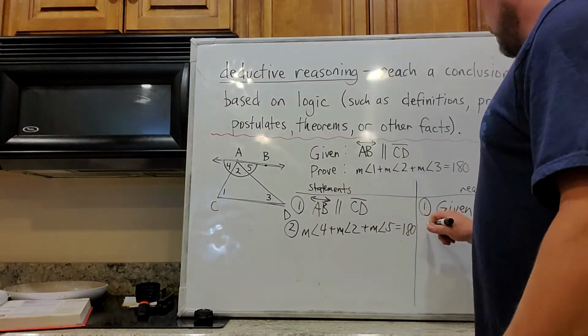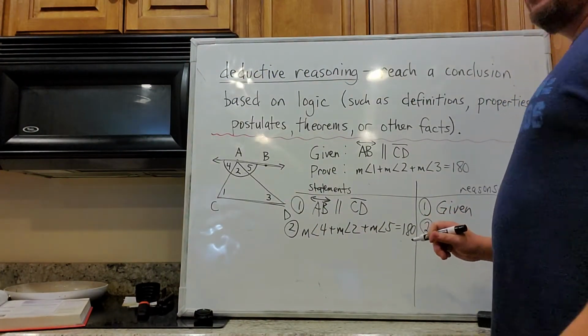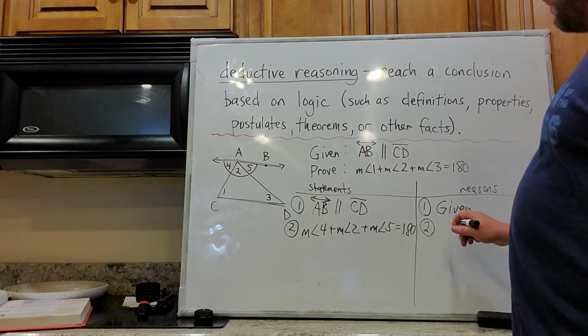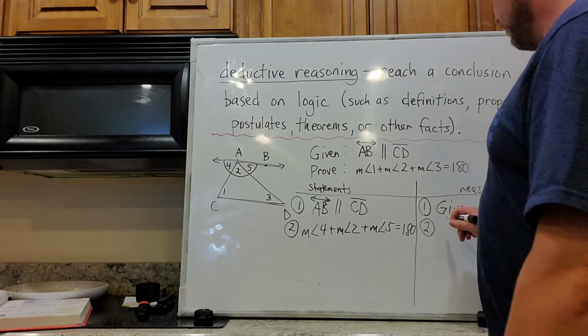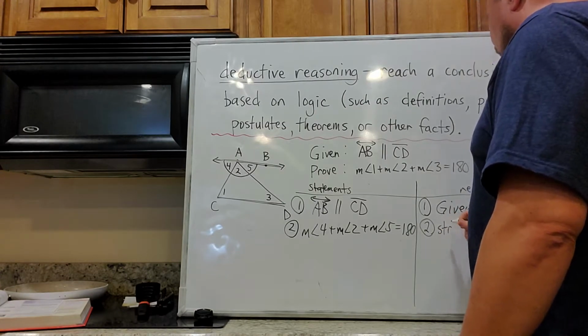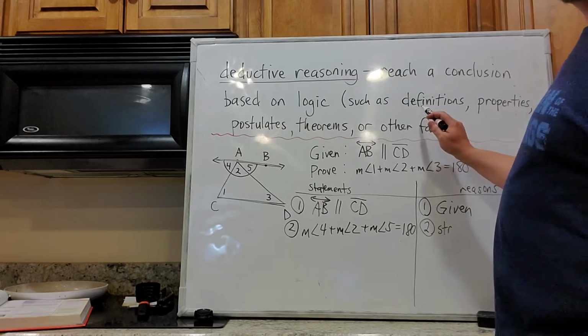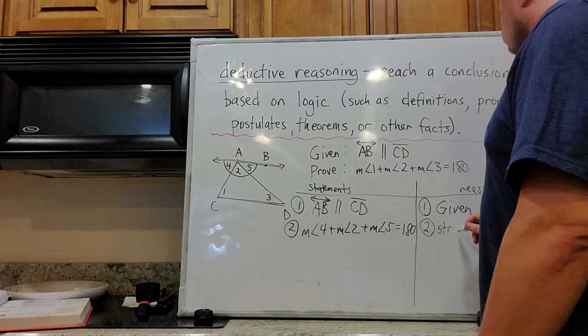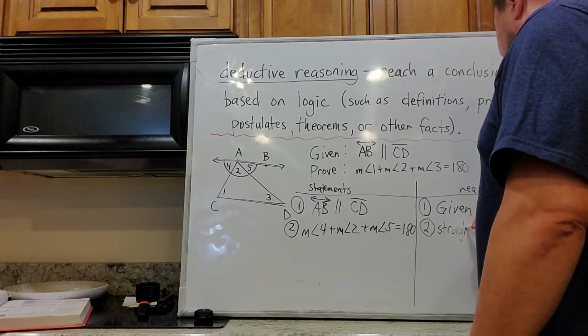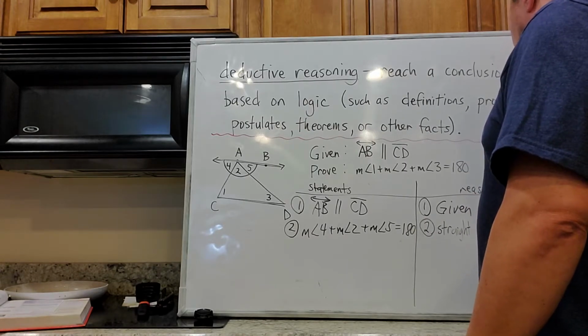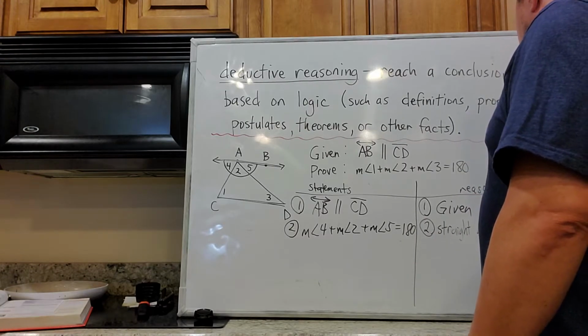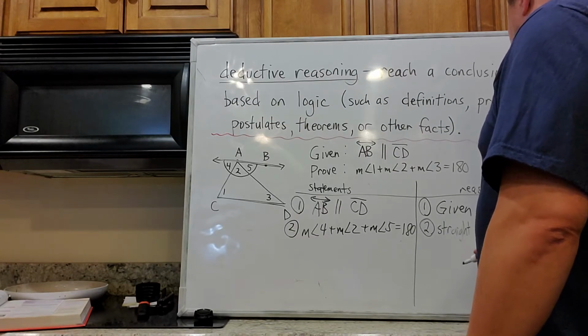And I'm going to state over here for my reason, I'm just going to put down that straight angles equal 180. It would technically be a definition I'm using. But straight angles equal 180.